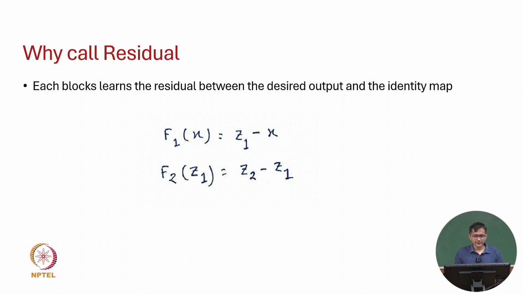We have written F1(X), the residual block itself, is equal to Z1 minus X, or F2(Z1) is equal to Z2 minus Z1. This means that each of these blocks, F1 or F2, or if we had added more of them, let's say F3 and so on, is learning the residual between the desired output and the identity map.